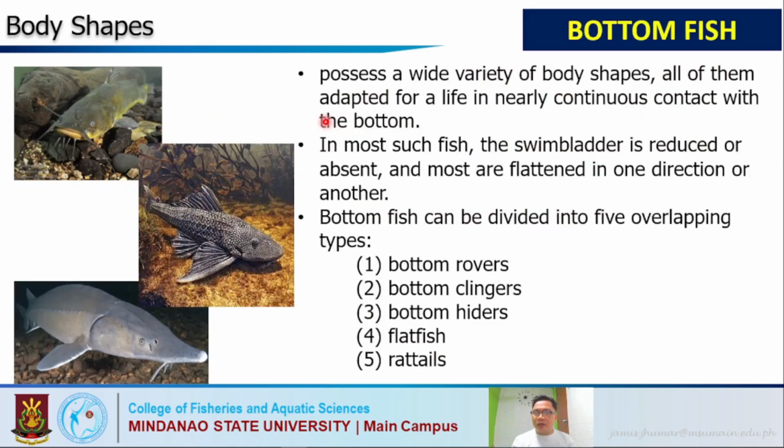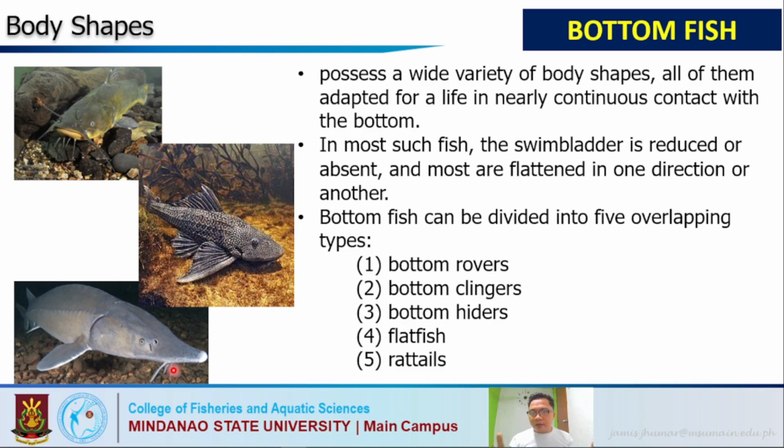And then here we have the bottom fish. So bottom fish possess a wide variety of body shapes, all of them adapted to a life in nearly continuous contact with the bottom, and some of which include the catfish, the rat tails, and the sturgeon fishes.